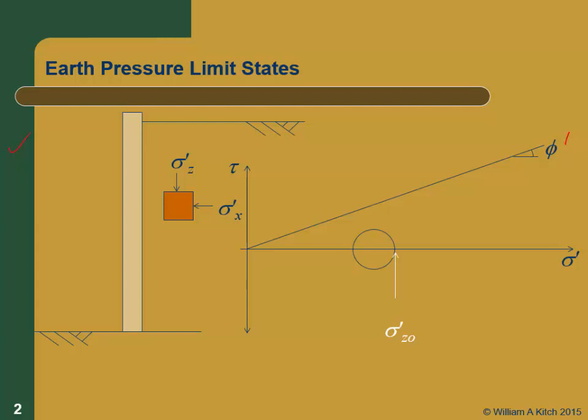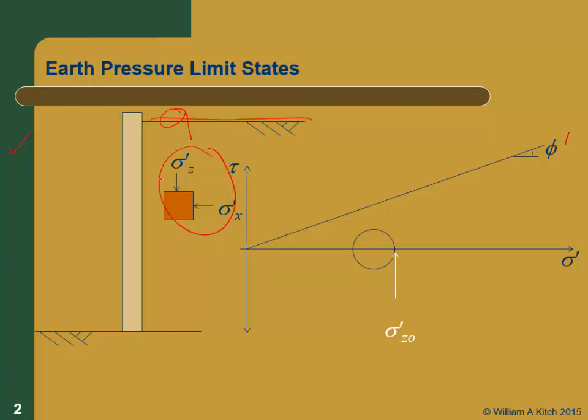And on the right, if the ground is horizontal, like this, and there's no shear stresses applied on the ground, then this must be a principal plane. The horizontal plane must be a principal plane. And if the horizontal is one of the principal planes, the other principal plane has to be the vertical plane. So there's no shear stresses on those planes.